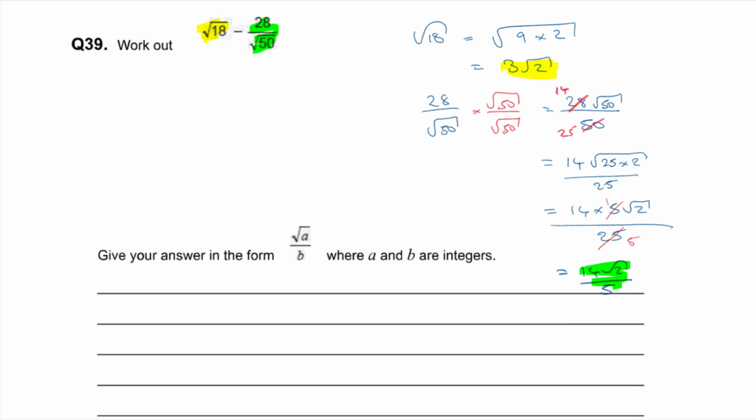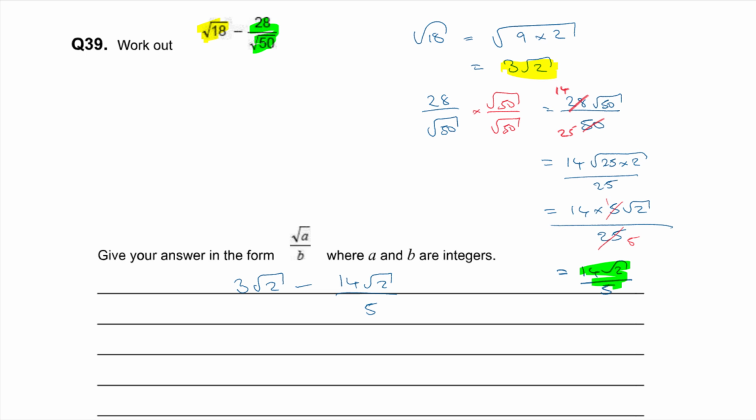I can say root 18, which I know is 3 root 2, and I'm going to be minusing 14 root 2 over 5. Okay, so I could factorize out the root and then just deal with the fractional part and then put it back, or I could just work on the two fractions and work out what that is and write it at the front. What should we do?